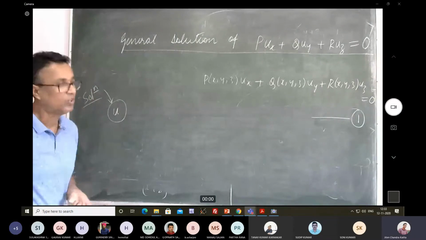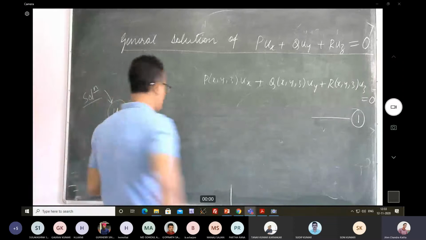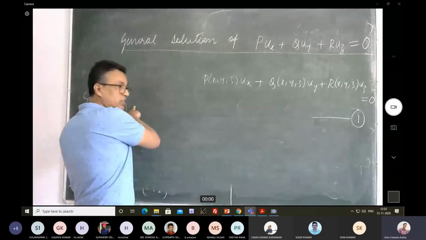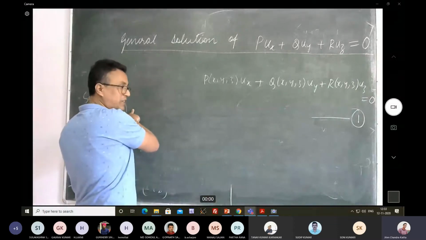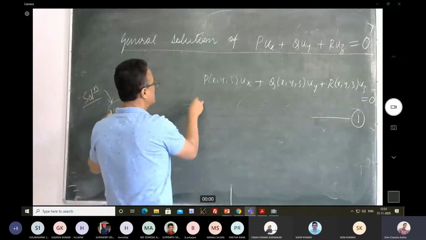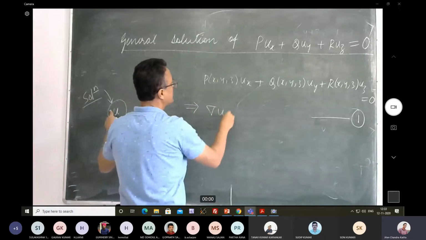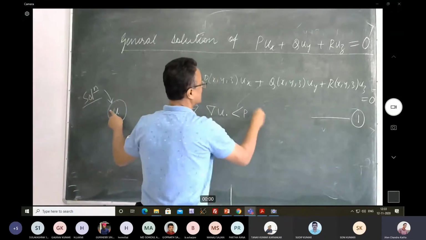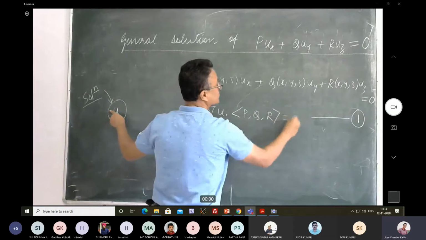Yes. So basically what you are saying is that the solution that I am going to find out, because this equation is nothing but grad u dot PQR equal to 0.